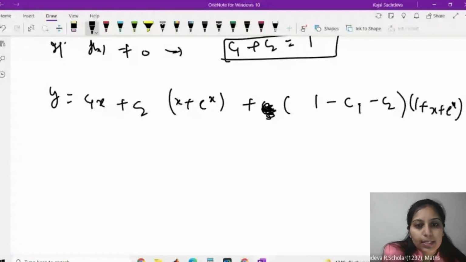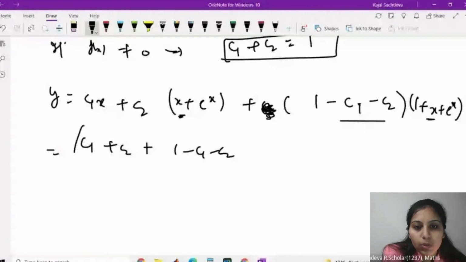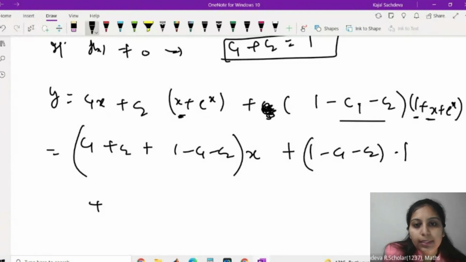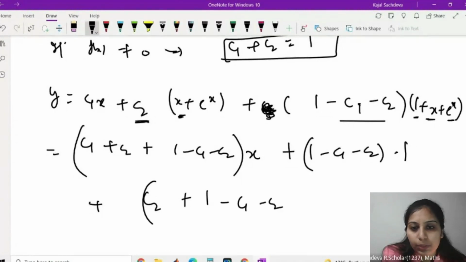So we get the c1 and x term here, the c2 and x term also here, and (1 - c1 - c2) times x. The constant term is here also: 1 - c1 - c2 times 1. And another type of term is e^x. So the e^x term is c2 plus, from here, (1 - c1 - c2) times the e^x term.